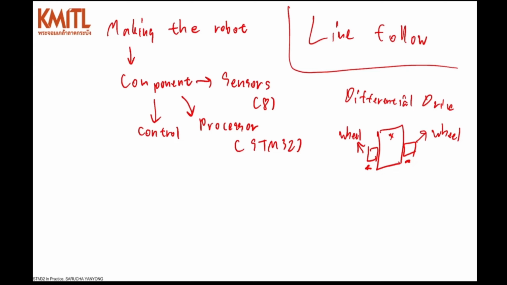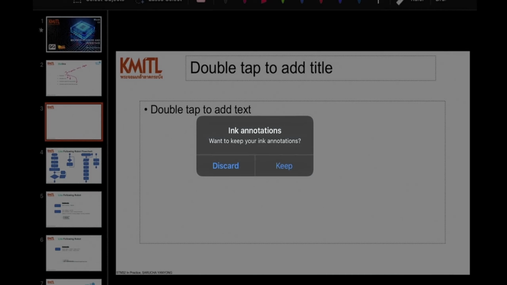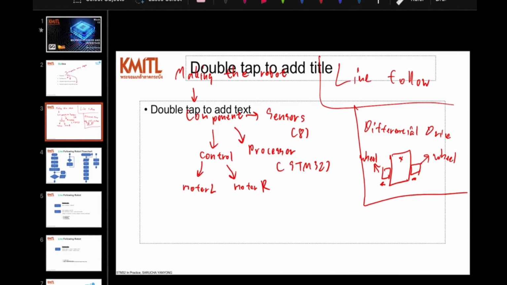So we use the differential drive model, which means we have to control two motors, maybe the right motor and the left motor. These are the components of the robot that we use to make it move, to make it track the line.